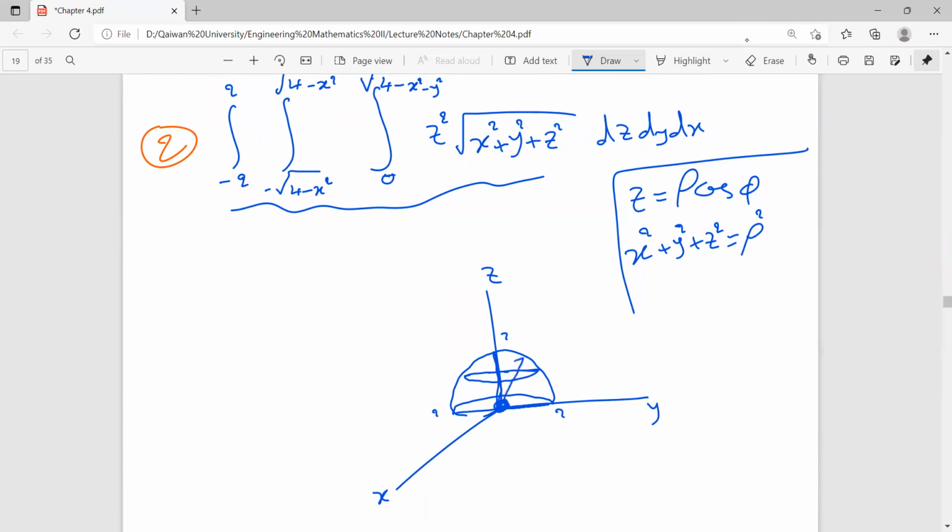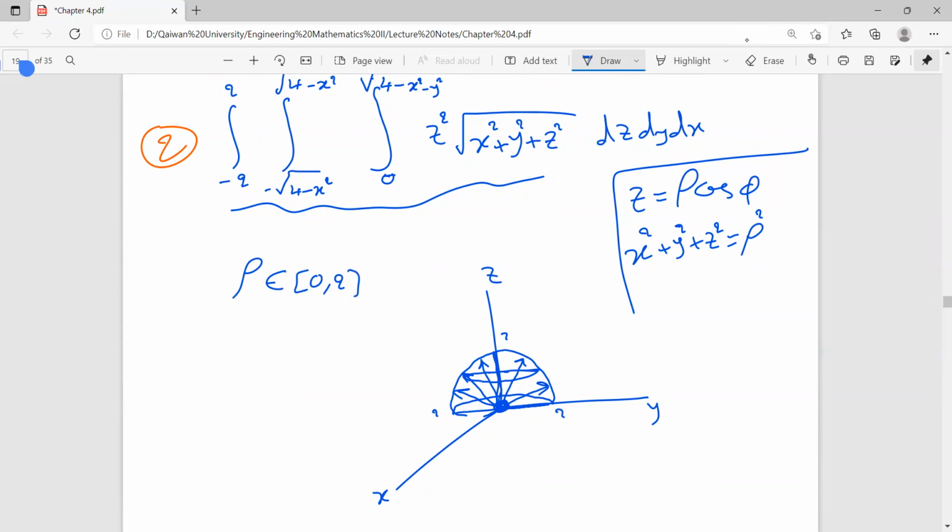From the origin to the boundary of this solid is 2 units. It's the radius. From anywhere, if we go onto the boundary, we get 2. That means rho is from 0 to 2.